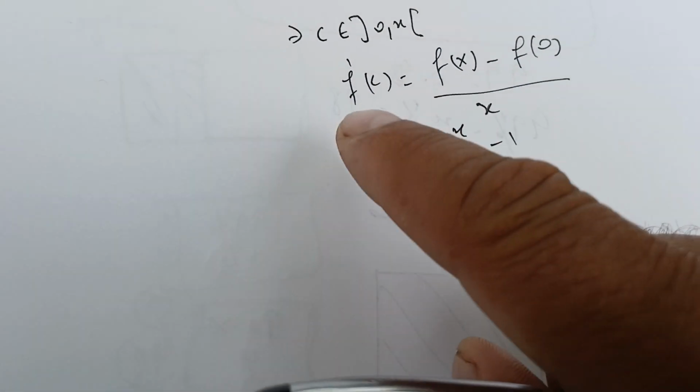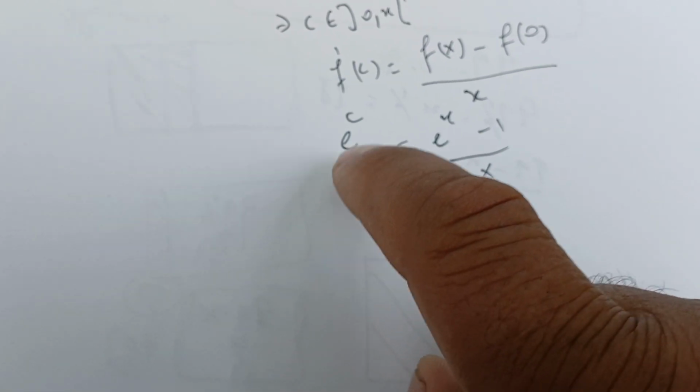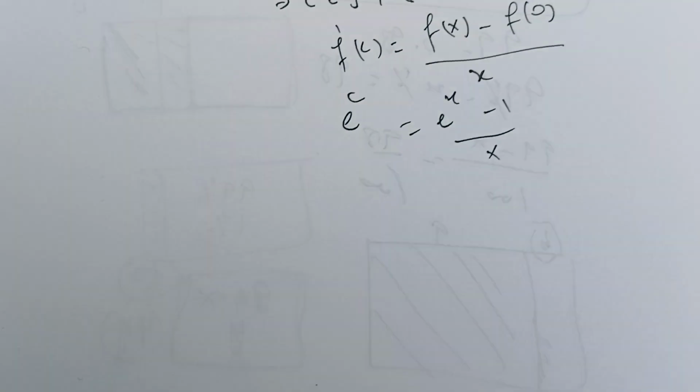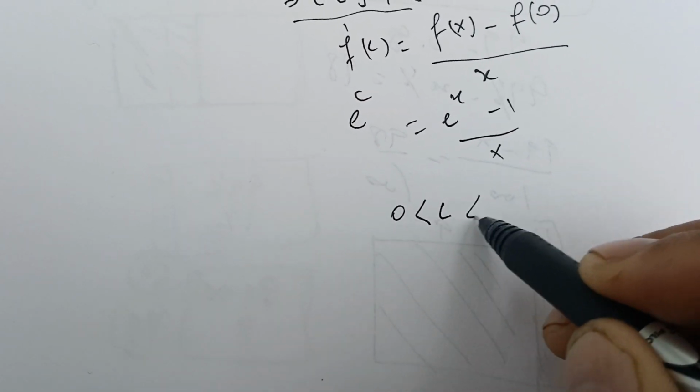Now what we need to do is some algebra on c to get e to the power c and conclude. So that means c is between 0 and x.